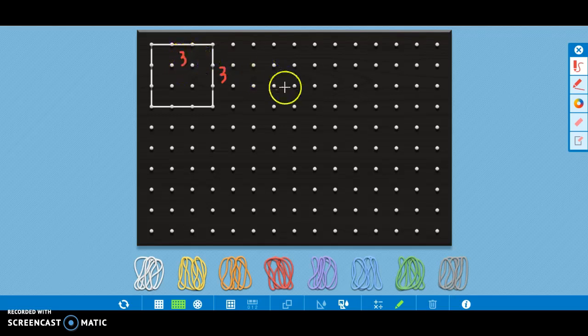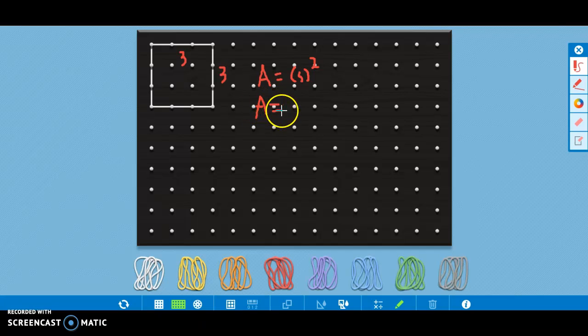So we're going to want to find the area, which is also our perfect square. So how we find the area of a square is the area is equal to the side length squared. So in this case, our side lengths are equal to the length 3.